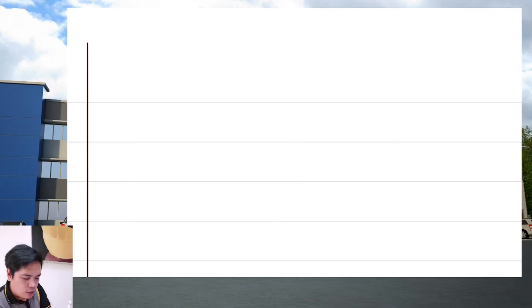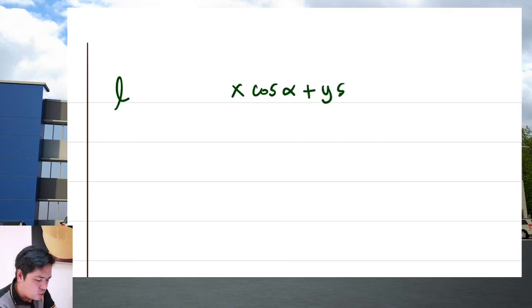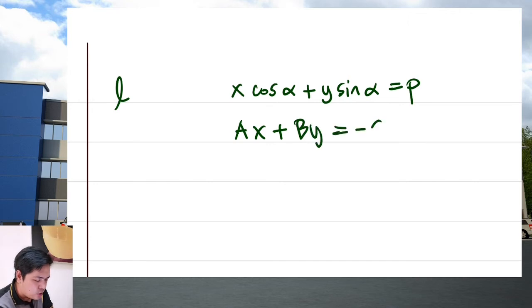So, meaning, if we are describing the same line L, we are describing it as in normal form, x cosine alpha plus y sine alpha equals p. Okay. And another form, ax plus by equals negative c.